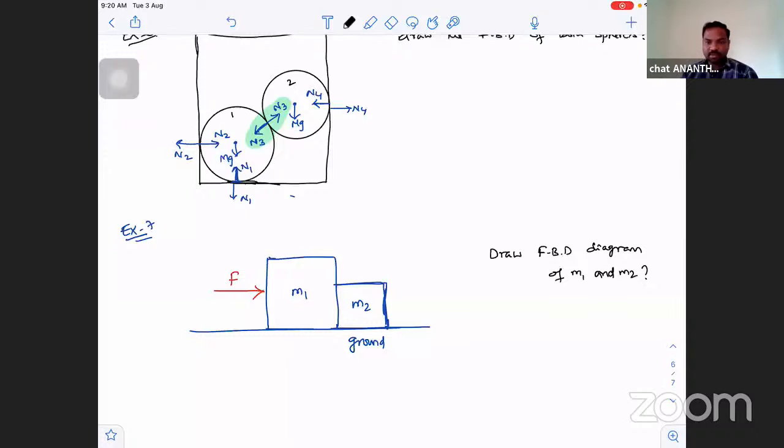Okay, very good. F is the external force acting from the outside. Draw all the forces acting on M1 and M2.